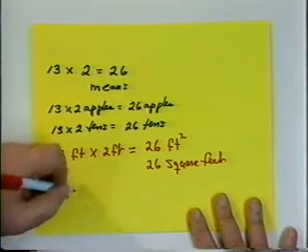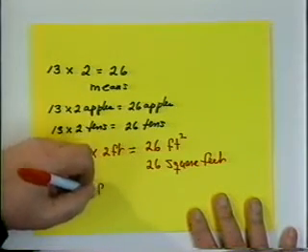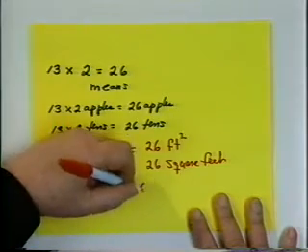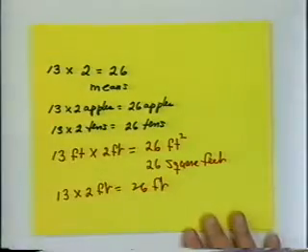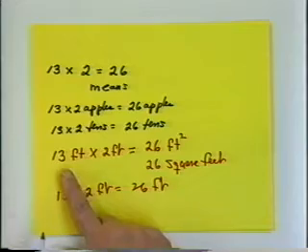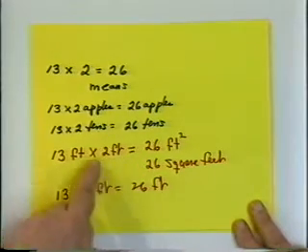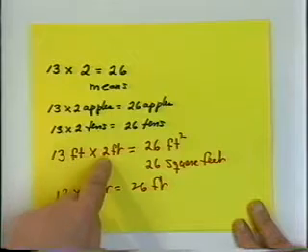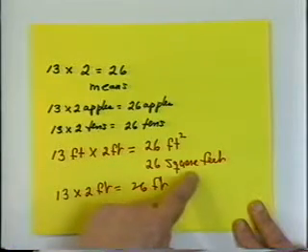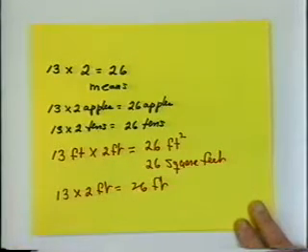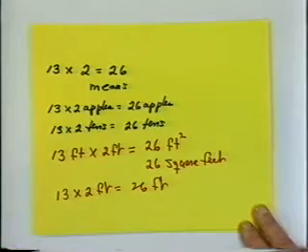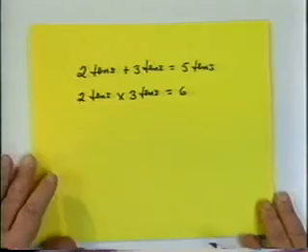On the other hand, 13 times 2 feet would simply be 26 feet. Think of 13 feet times 2 feet as finding the area of a rectangle that was 13 feet long and 2 feet wide. The area is expressed in square feet. And this is a very important thing to remember.